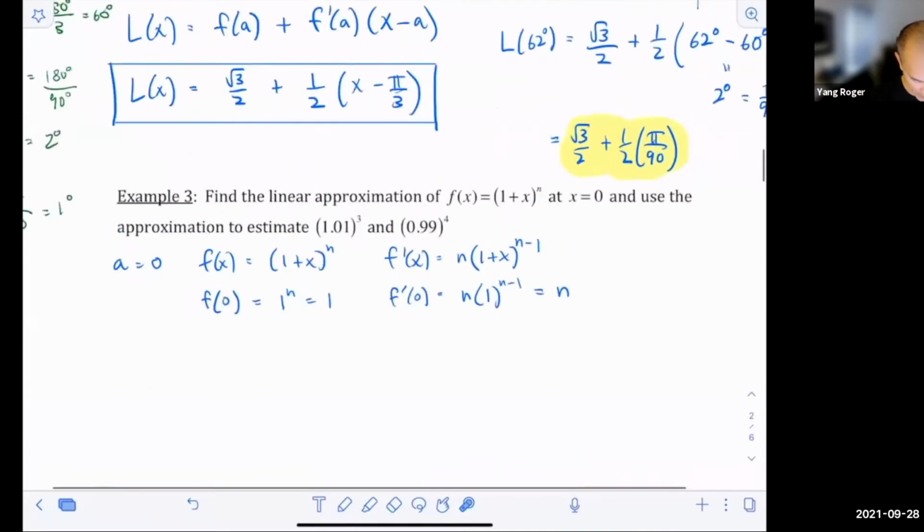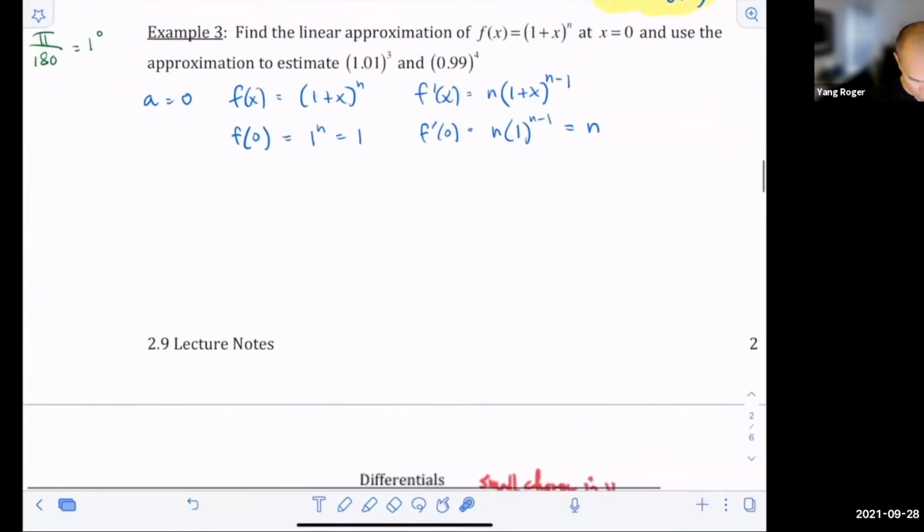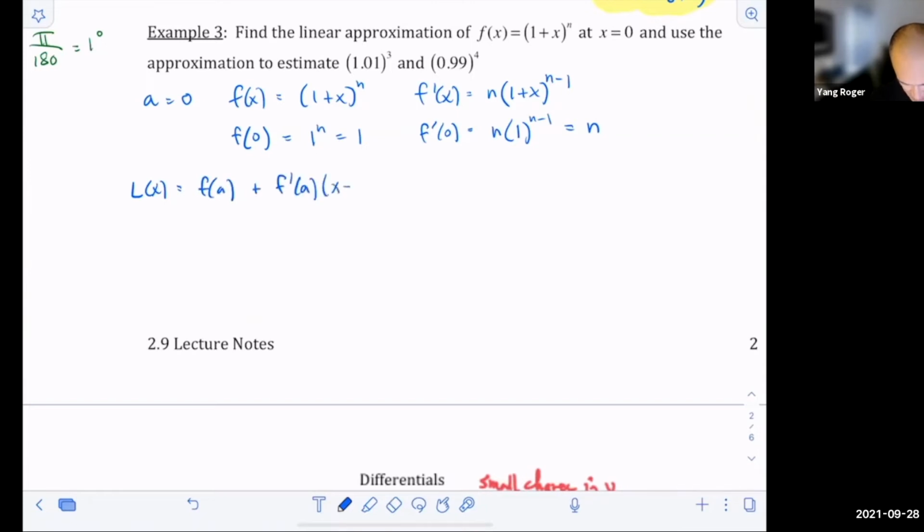Now I think I have everything I need to write my linearization formula. So my linearization, again, that's just a tangent line. That's going to be f of a plus f prime of a times x minus a. In this case, that's f of 0 plus f prime of 0 times x minus 0.